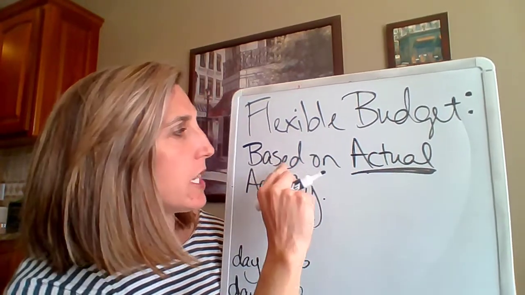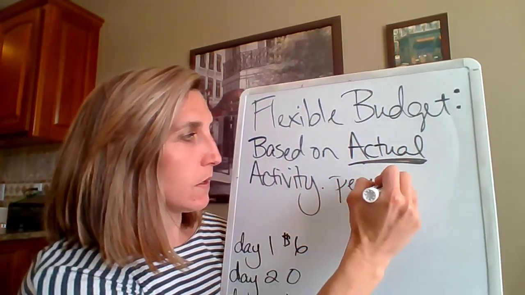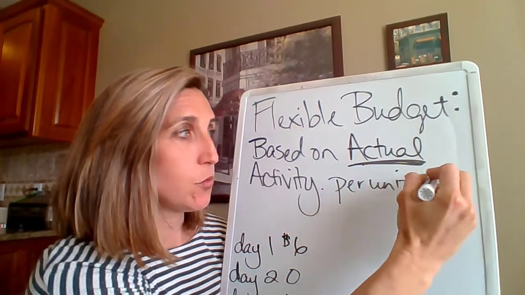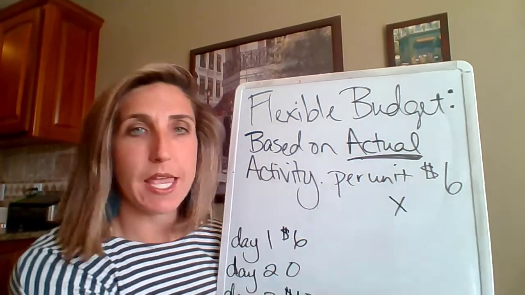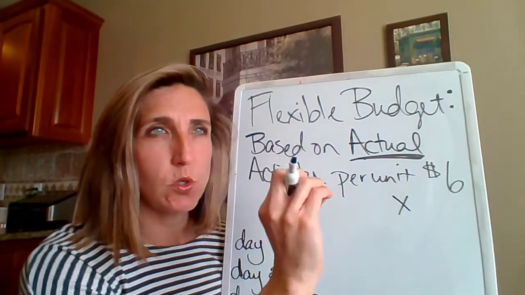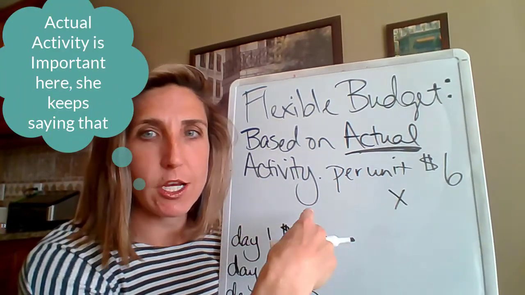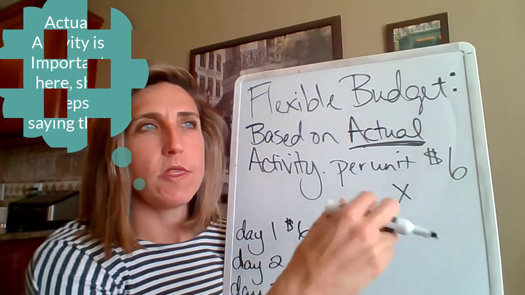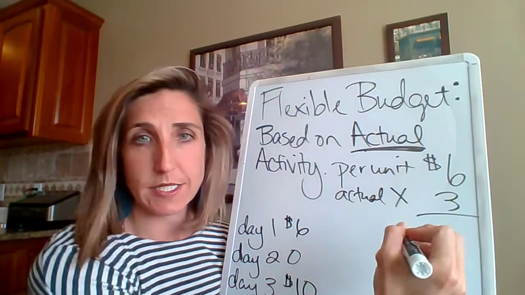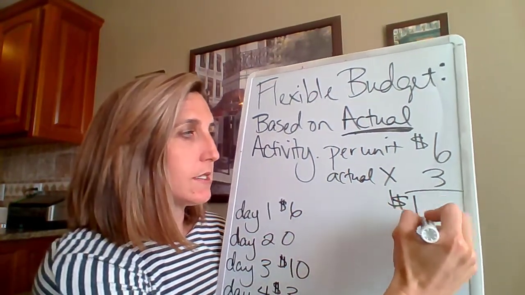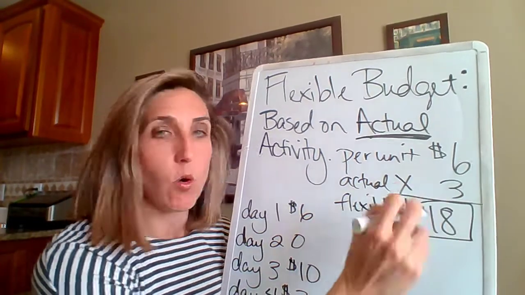Your flexible budget is based on actual activity, and it will take the per unit standard, which we said was $6 per lunch, and multiply it by how many actual units you sold, or in my example, how many actual days I went to lunch. So the activity is updated to an actual quantity. I went to lunch 3 days. So my flexible budget says I should have spent only $18.